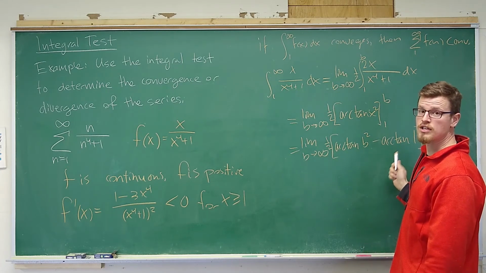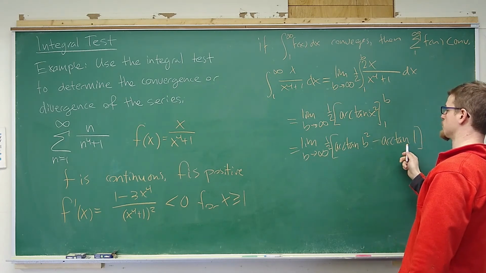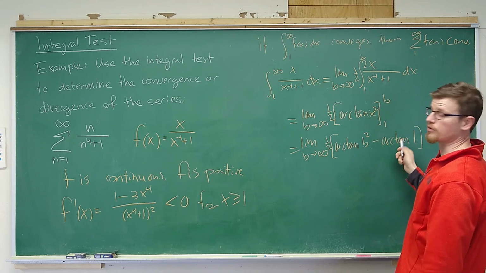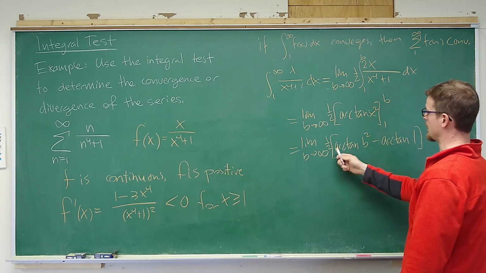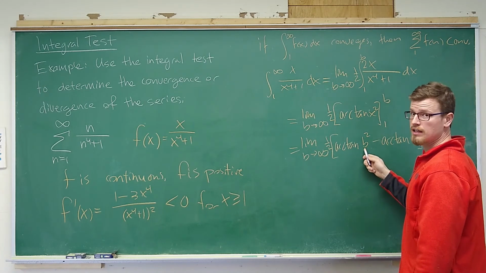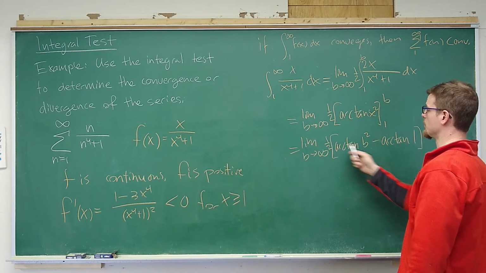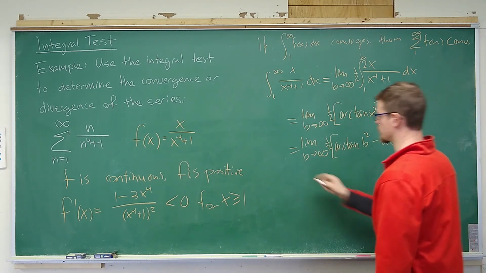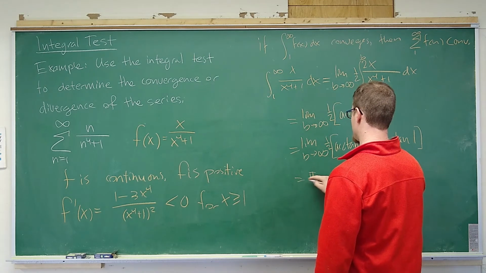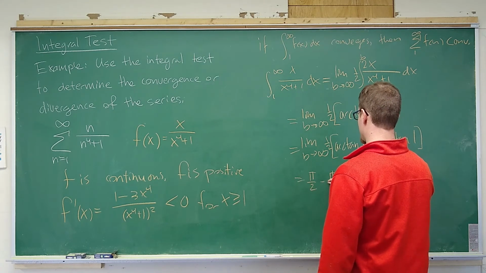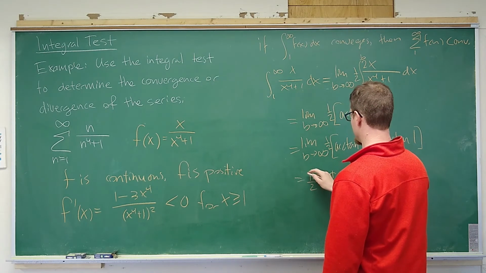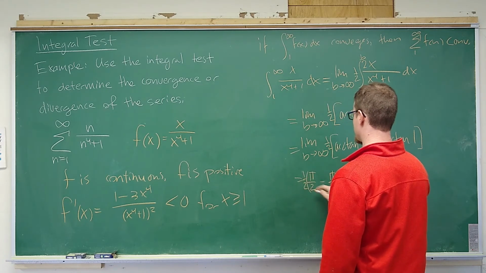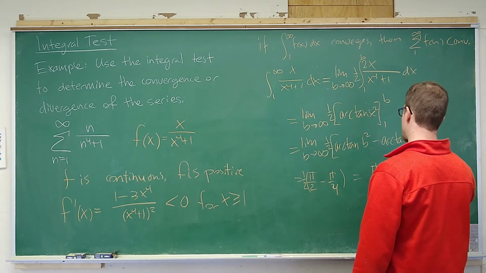Of course, tangent is equal to 1 at pi over 4, so this is just pi over 4, and as b goes to infinity, arctangent would approach pi over 2. So this is pi over 2 minus pi over 4, and of course we're looking at 1/2 of that still, so this is pi over 8.